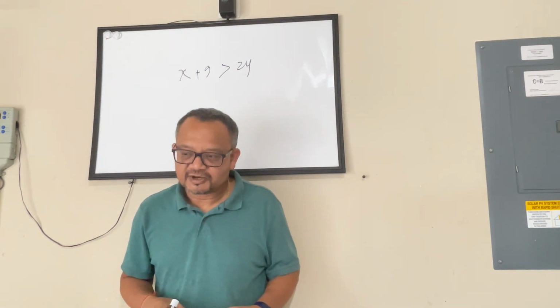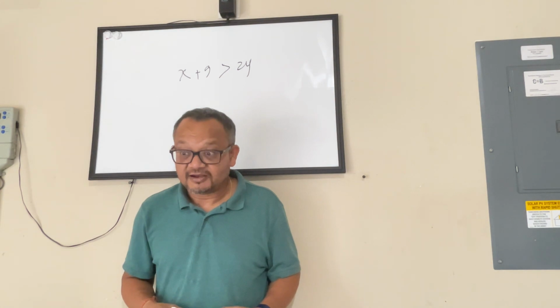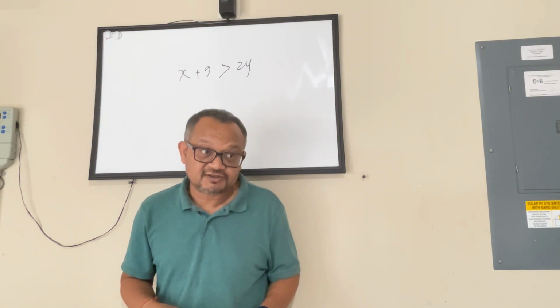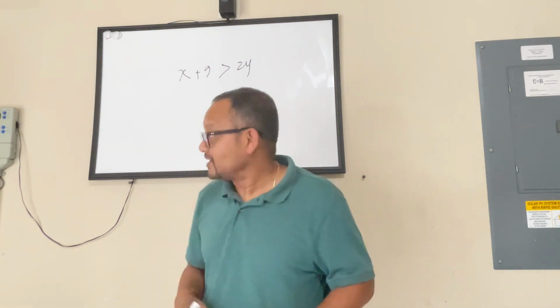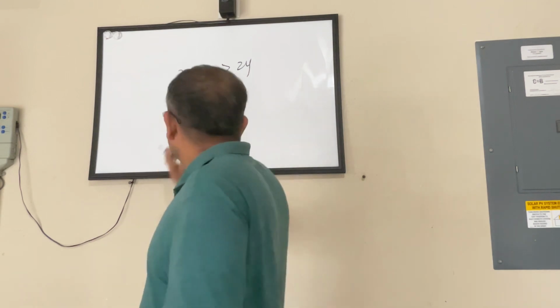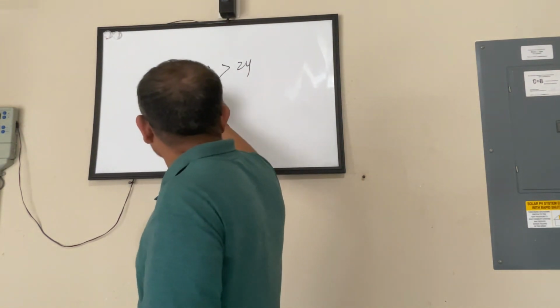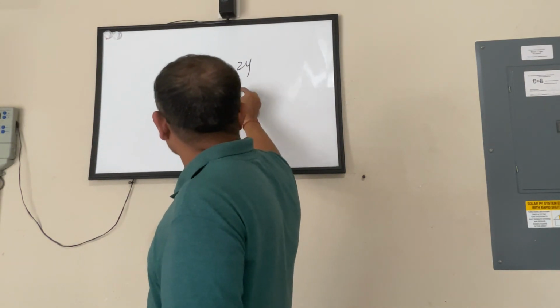Praneeth, any guesses? Infinite, because there's an infinite number. We are talking about infinite solutions. Why? I said x plus 9 is greater than 24. If x is 16, this is greater than 24.